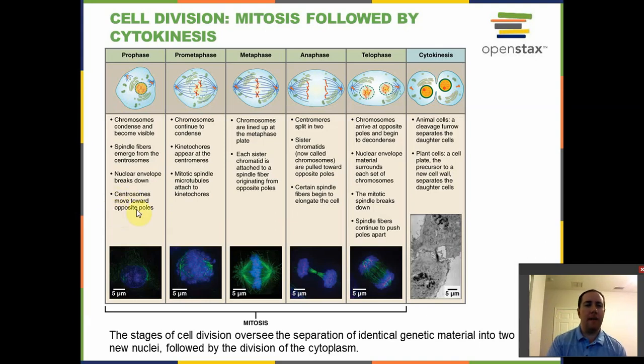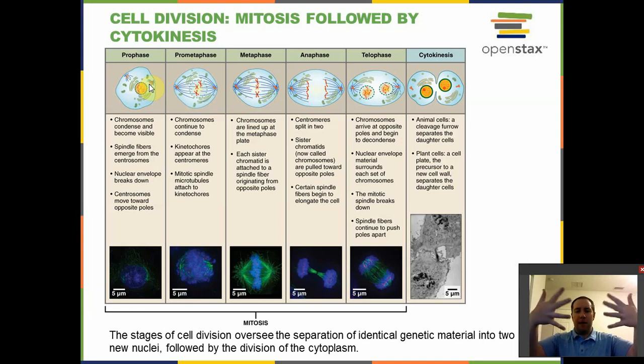And during prophase, they start to move opposite of each other. Normally, they're right next to each other and kind of off in a corner of the cell. But in prophase, they start to move opposite each other. And we start to get what we call spindle fibers coming off of them. They're like little fingers coming off the centrosome. So imagine my hands are the centrosomes. My fingers are the spindle fibers.